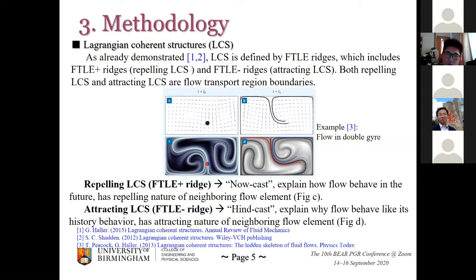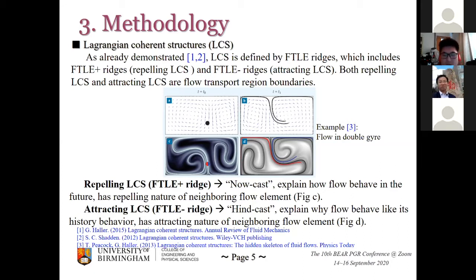Here we go to an example. If you look at figures A and B, this is the velocity field at two different times. In this domain, we can see two vortices, one on the left side and one on the right side.